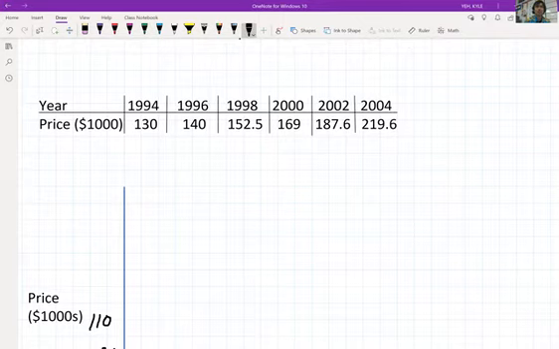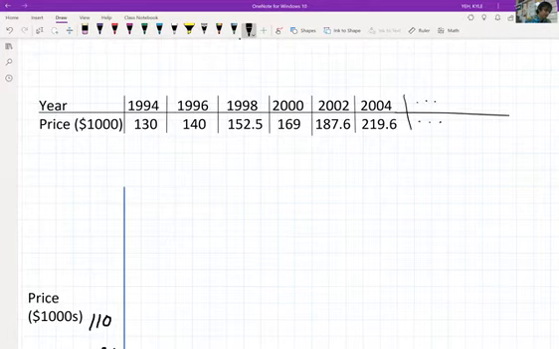What was that median home price in these years? Well, that's great, but we're not living in 2004 or 1996. I want to know if this trend continued, what would I expect the median home price to be in the year 2020?